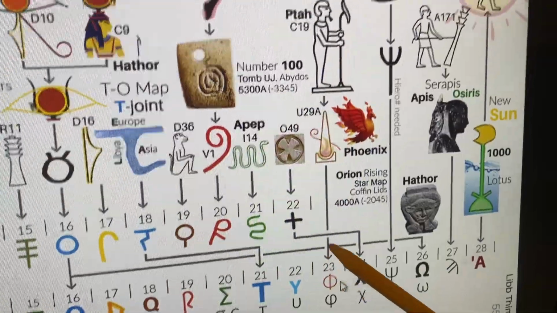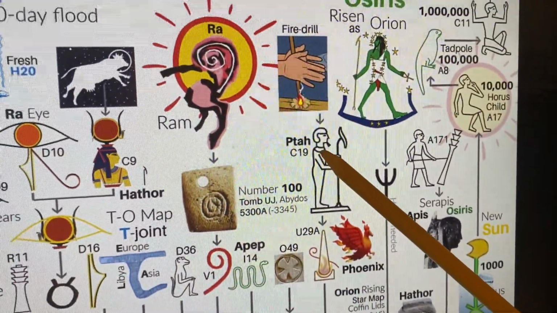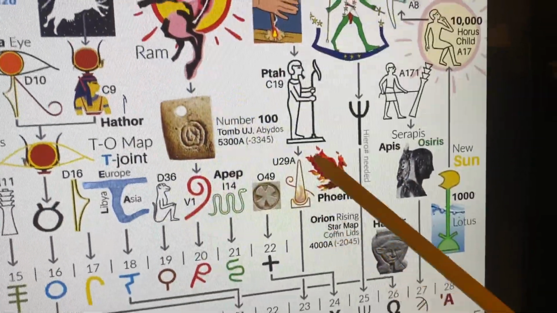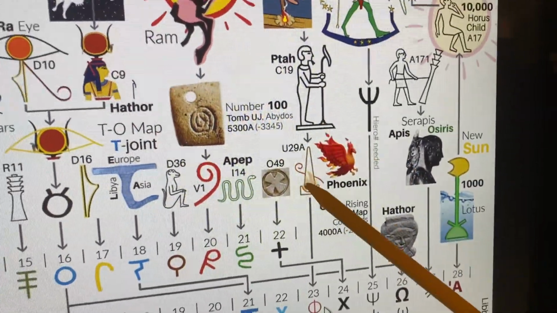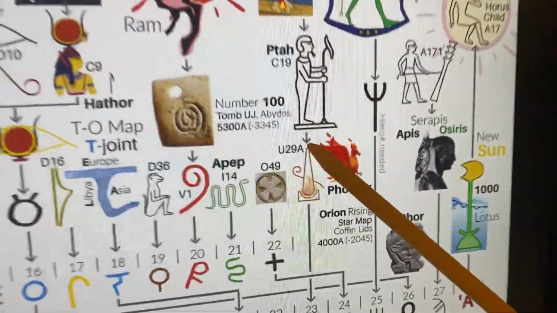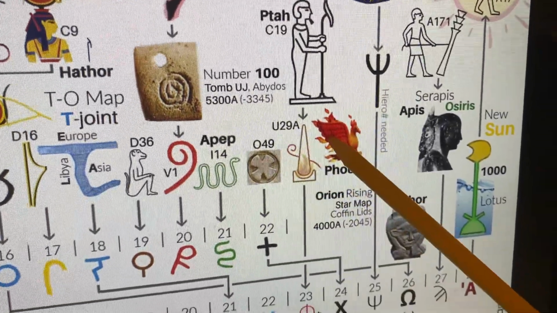So letter phi is the Ptah cipher. So phi and Ptah both equal 510, and Ptah is called the one-legged fire drill. So his body spins. His body is this top part, spins in the hardwood, makes the fire. The phoenix is born.